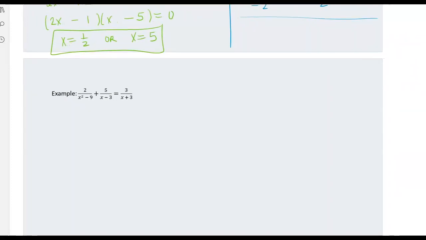Here's an example where that cross multiplication won't work because I have 3 different expressions together. Let's think about what the LCD is here. We have x squared minus 9, which is the same as x plus 3 times x minus 3.